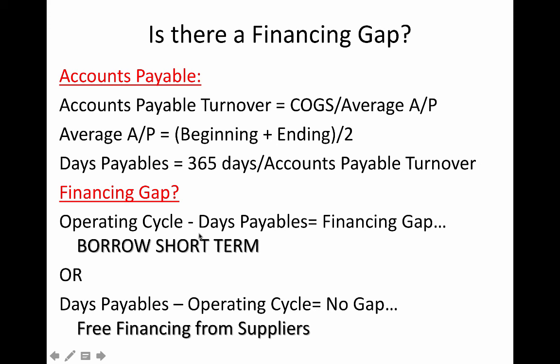And if the operating cycle was longer than the days payable, then there was a financing gap and you had to go borrow money. But if the days payables were greater than the operating cycle, you got free financing from suppliers.